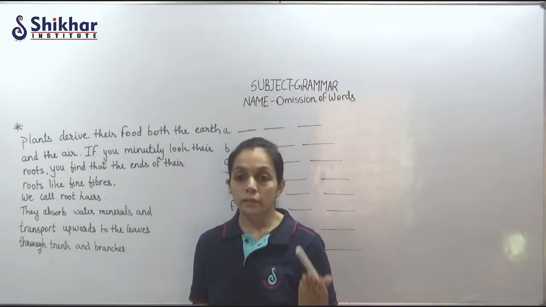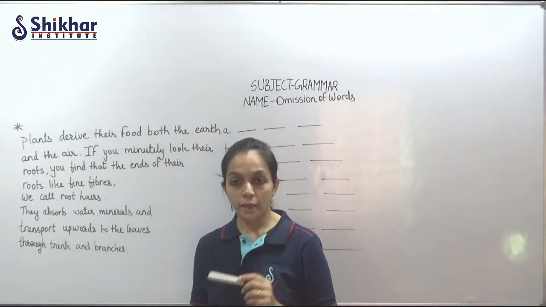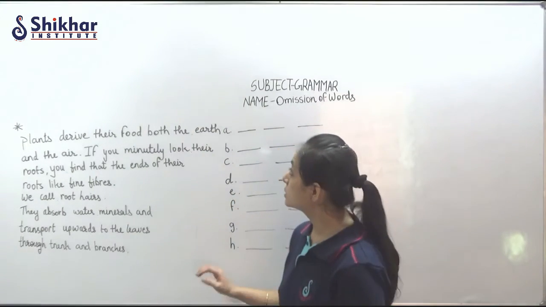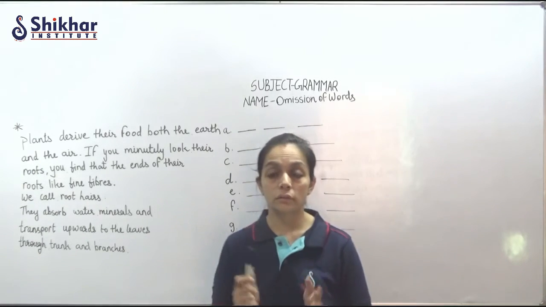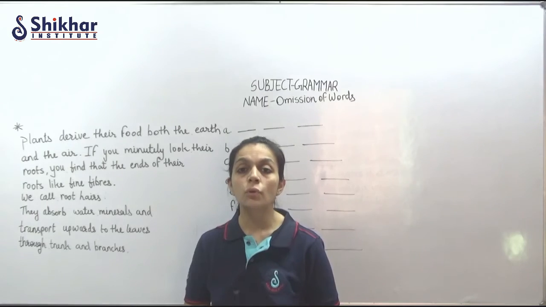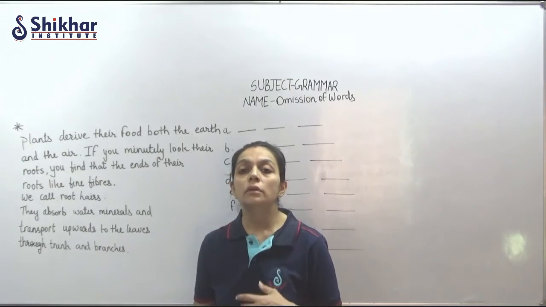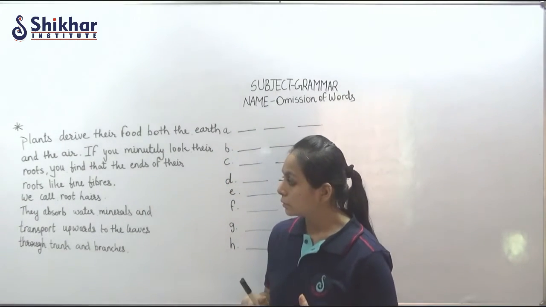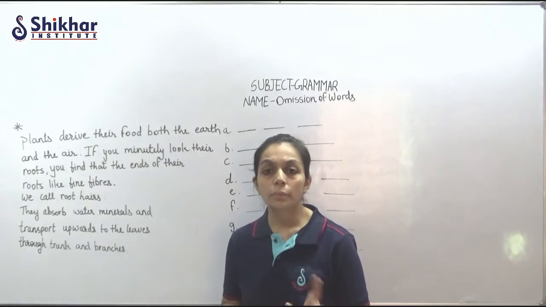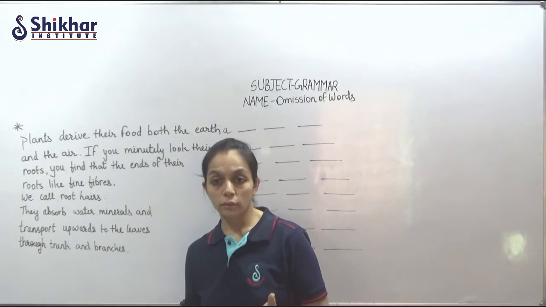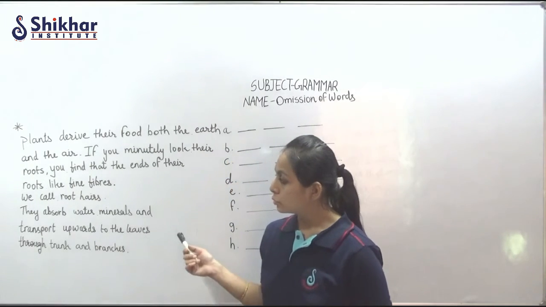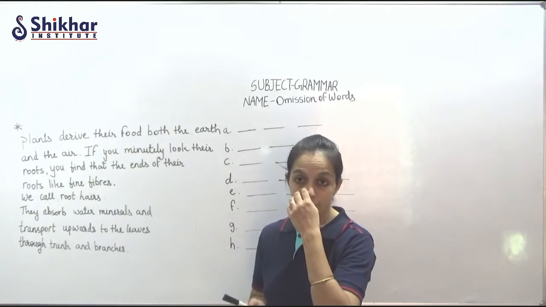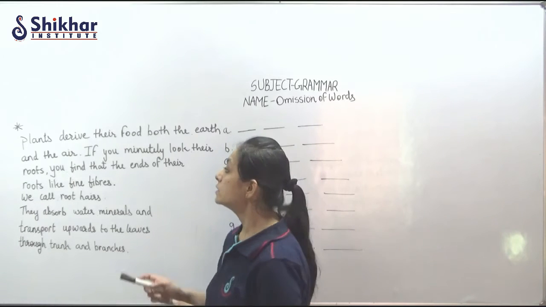Now with gap filling and error correction, one more thing which is left is omission of words. One paragraph is given to you, and some of the words are omitted, probably the prepositions or the to be verbs. So let us see how we do the practice of that.